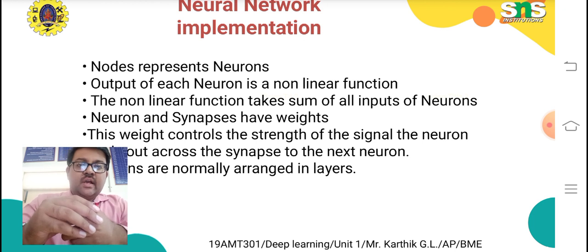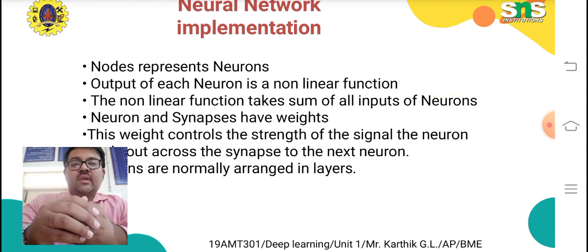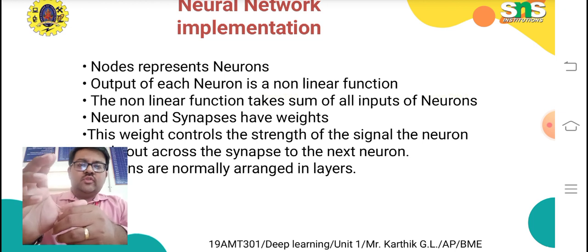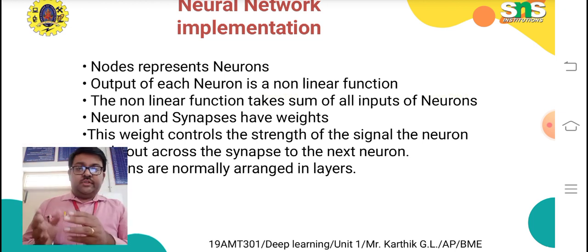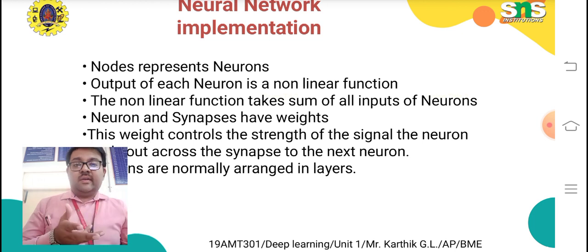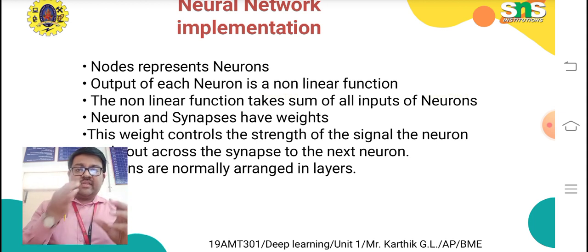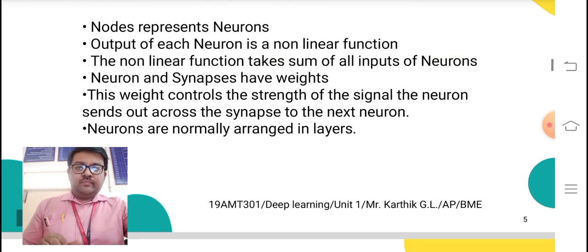This weight controls the strength of the signal. Say the weight associated with a particular input is 0, then that input will not get transferred, while if it is 1, the input will get transferred. So the weight decides the strength of the signal.